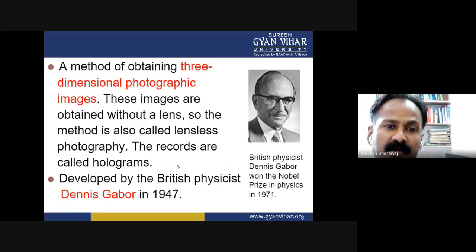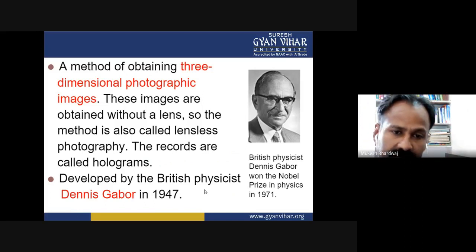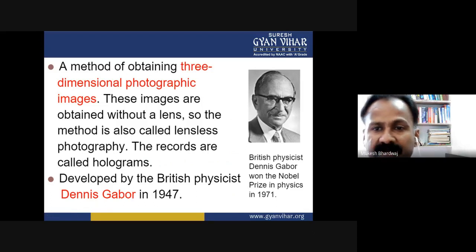These images are obtained without a lens, so the method is also called lensless photography. The records are called holograms, developed by British physicist Dennis Gabor in 1947. Dennis Gabor won the Nobel Prize in Physics in 1971.